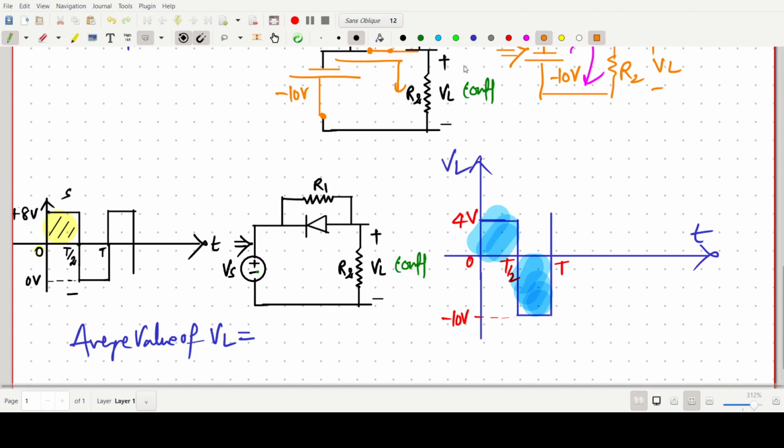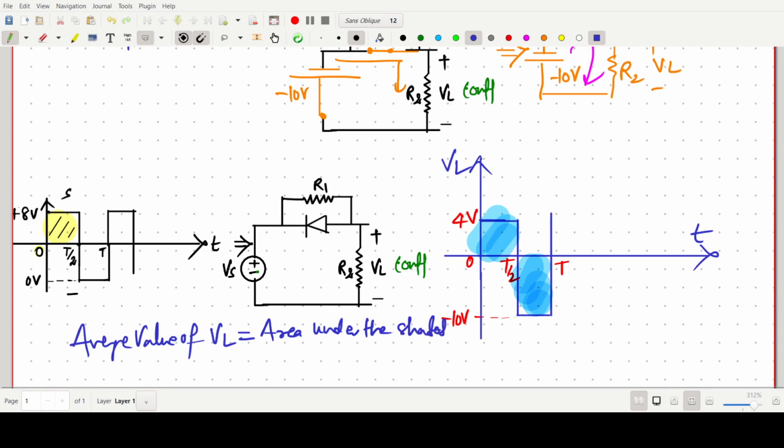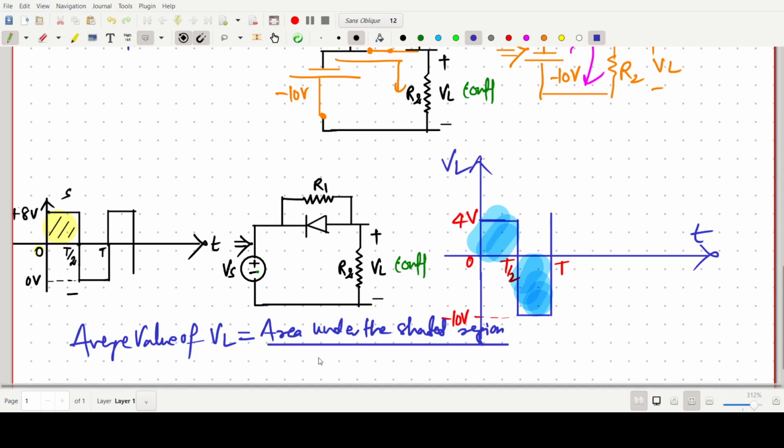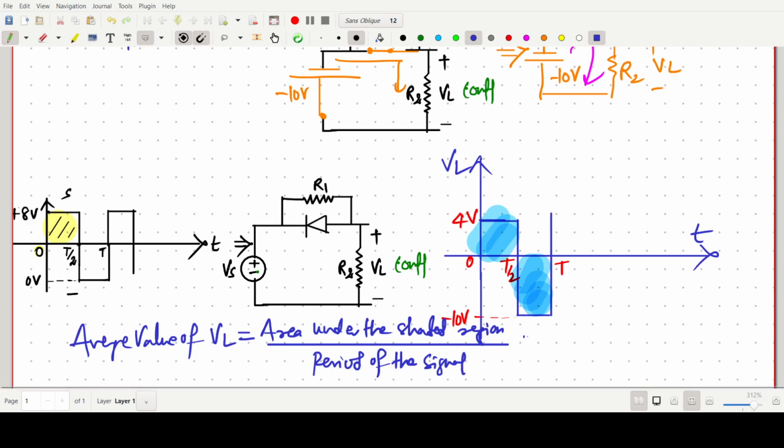So I'm just writing this: the area under the shaded region divided by the period of the signal.